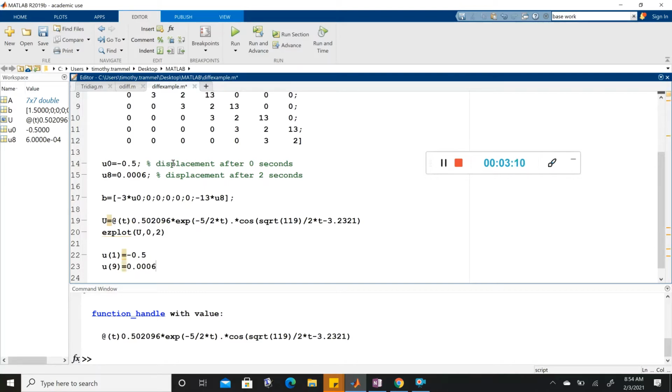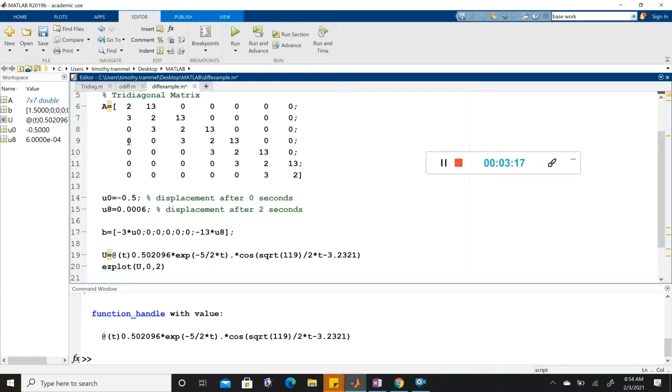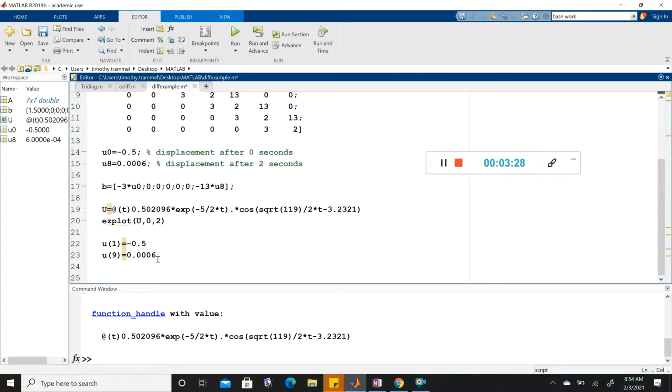Okay. So that takes care of the endpoints, but to get the middle ones, that's what this system here is for. This was supposed to find us u sub 1, u sub 2, u sub 3, u sub 4, u sub 5, up to u sub 7. But again, we've been pushed off 1 unit here. So instead of our matrix helping us find u1 through u7, it's going to help us find u2 through u8.